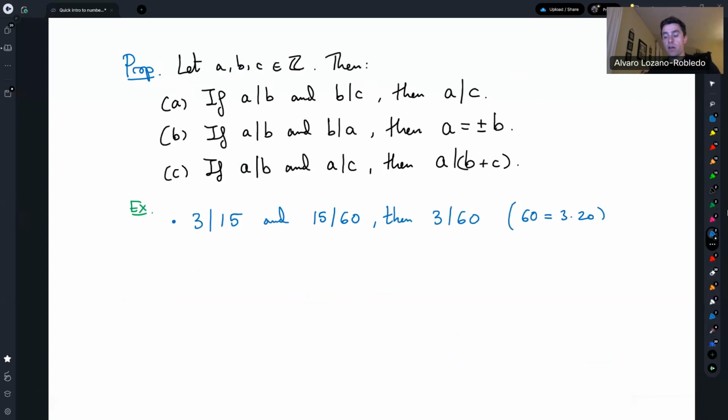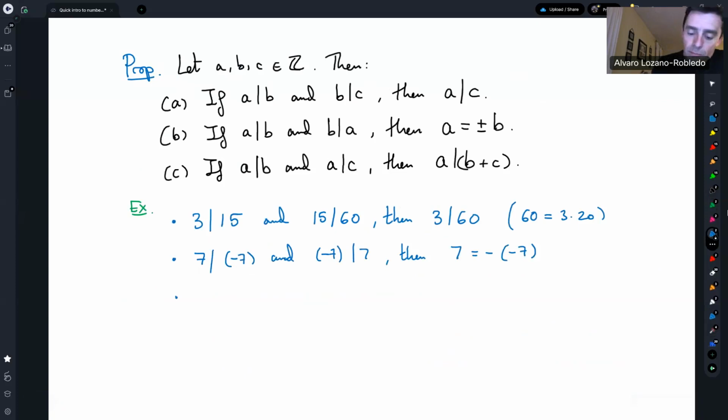So that's an example of the first property. For the second, 7 divides minus 7, and minus 7 divides 7. So they have to be plus or minus of each other, which of course they are.